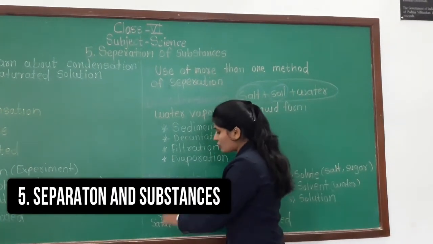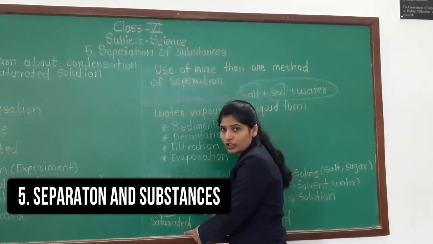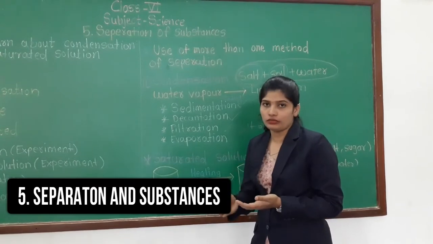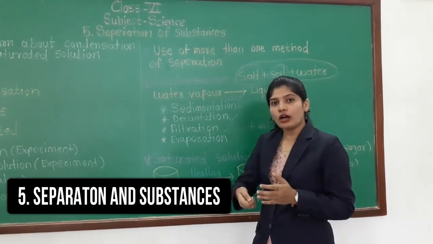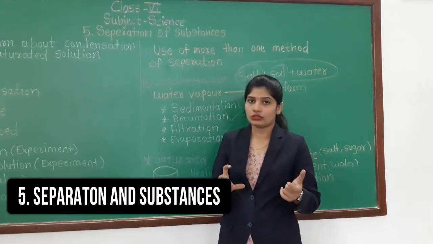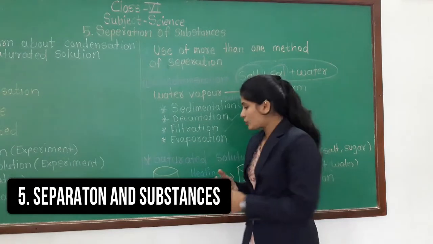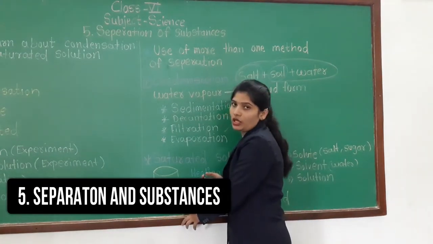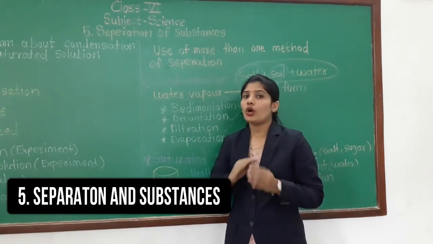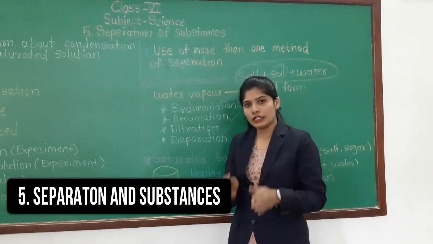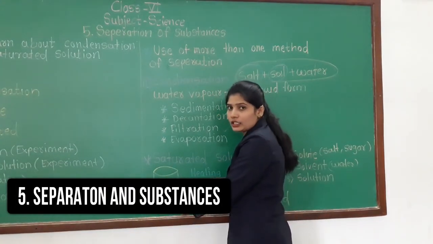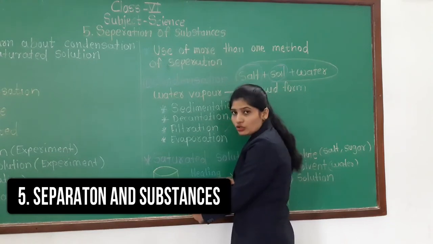That solution is known as a saturated solution, in which no more salt can be dissolved. If you want to dissolve your solute in the solvent, there is a fixed amount of both solute and solvent. Saturated solution means a solution in which no more solute can be dissolved. You can see from this diagram, the salt that cannot be dissolved, so it is known as saturated.